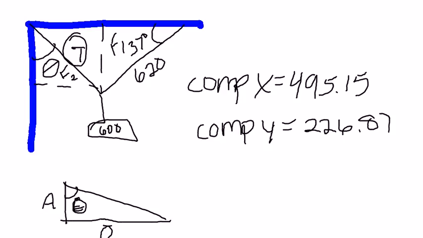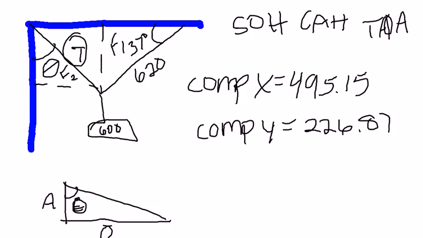So again, we're going to go back to SOHCAHTOA and see which one we want to use. Make sure you have your calculator in degree mode with all of this, because that might be your issue if you're having problems. You have to have it in degree mode; radian mode will get you a different answer.